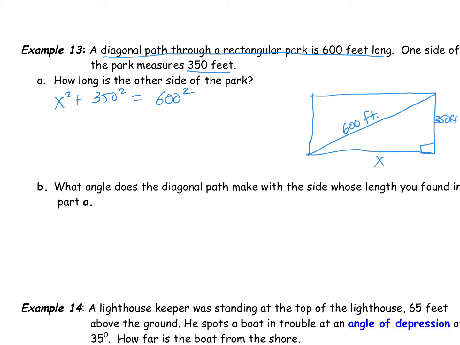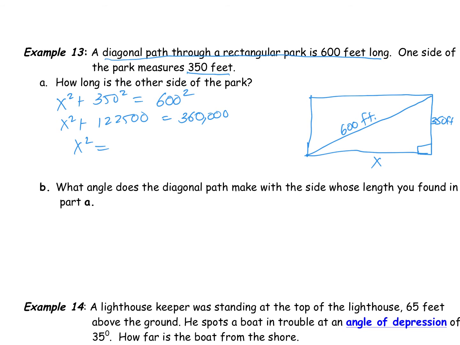So this turns out to be x squared plus 122,500 is equal to 600 squared, which is 360,000. I'll subtract the constant from both sides. So x squared turns out to be 237,500.